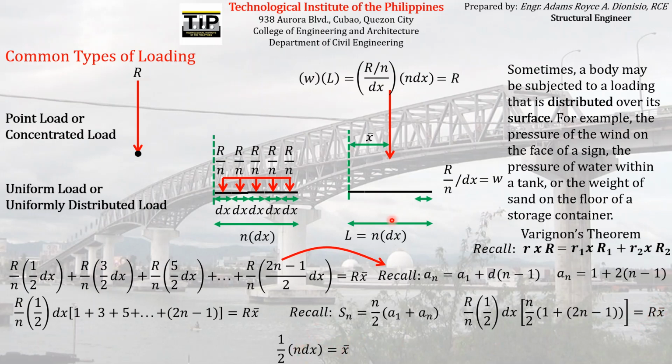Since n dx is equal to L, therefore, we can change this to L over 2. So, ibig sabihin pala, for this resultant to be actually the resultant of this distributed loading or several forces, dapat located siya L over 2 mula dito sa edge na to.